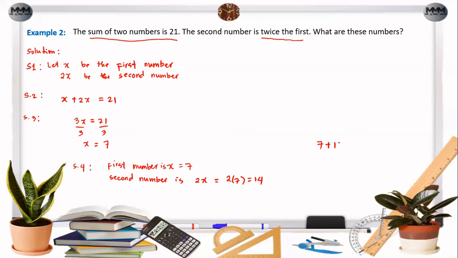So we have here 7 plus 14, is it equal to 21? So of course, 7 plus 14 is 21. So our answer is correct. Hence, you can say that 7 and 14 are the two numbers whose sum is 21.